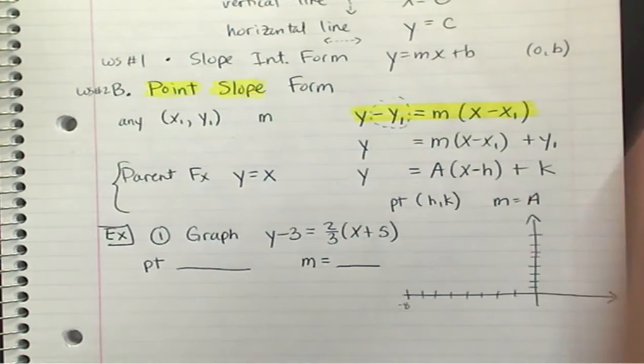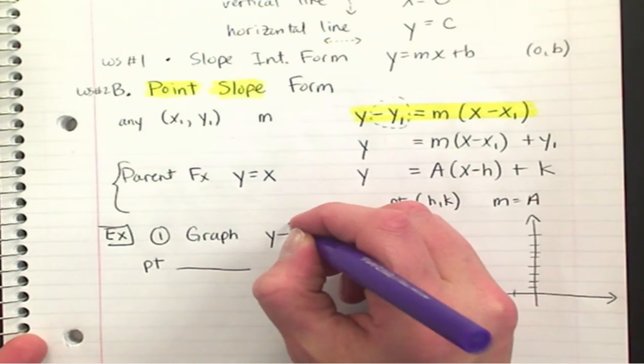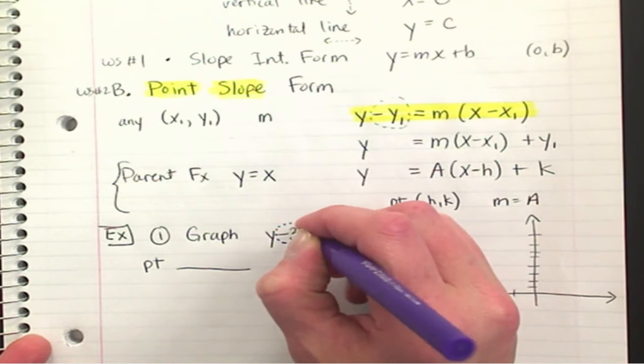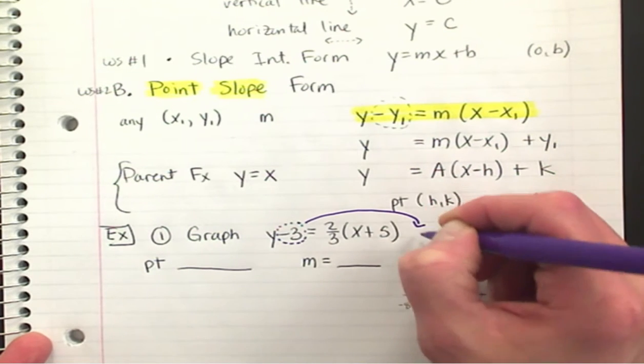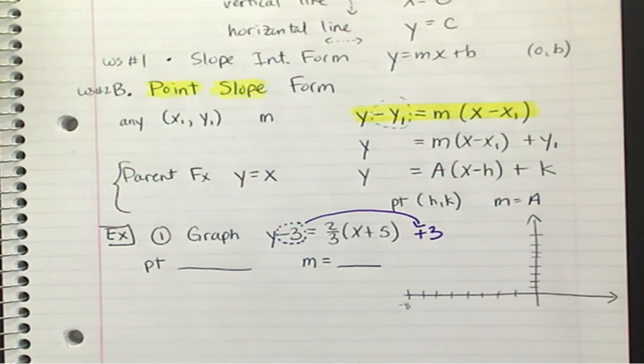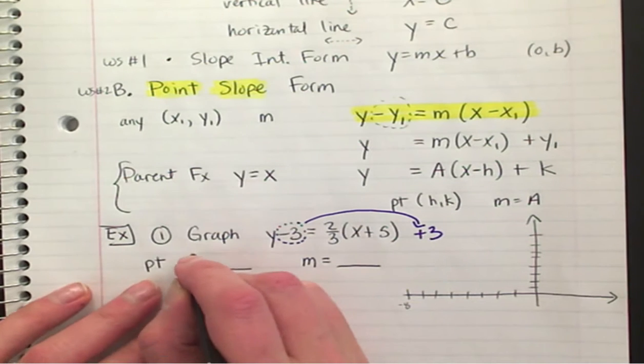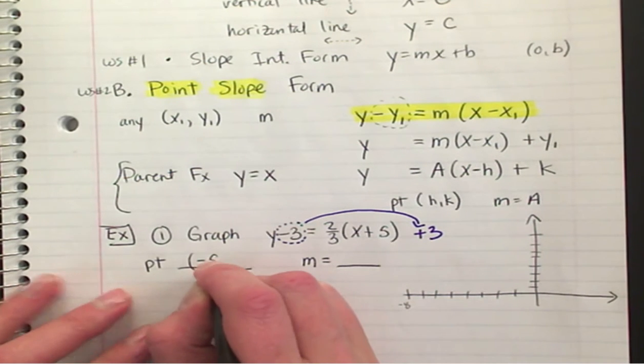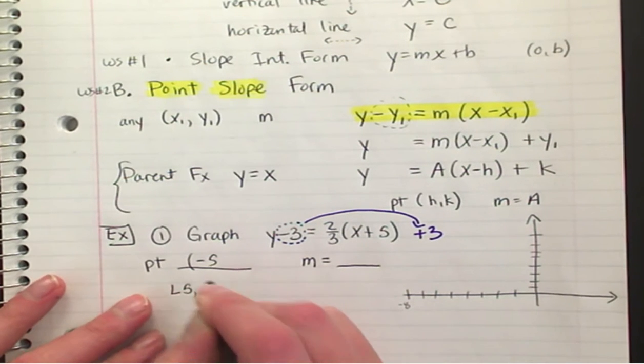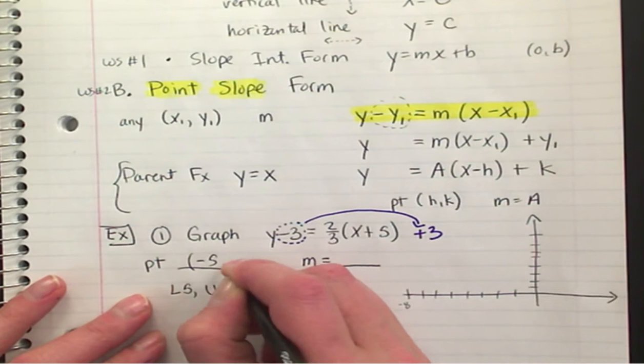So I see this, I'm like, okay, well, I like to see mine in a y equals format. So I'm just gonna put that plus 3 over there. So my point is left 5, up 3.